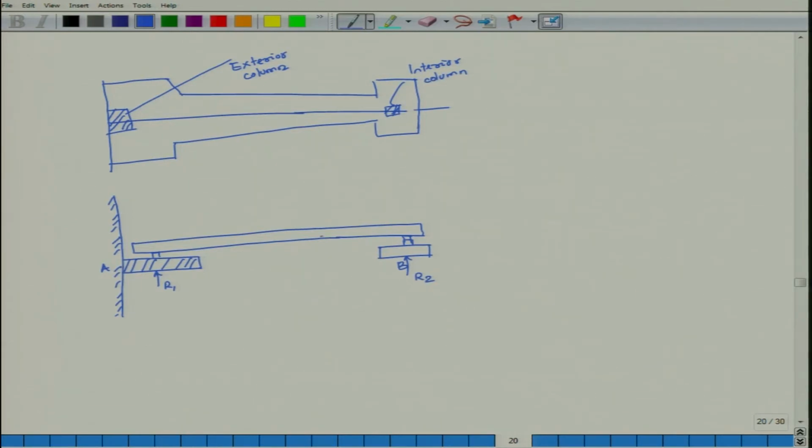Then here is your coming P1, here P2, then this is your CG, capital P, at a distance from here to here, this is my B, and this to this is your eccentricity E. So this point is your CG.